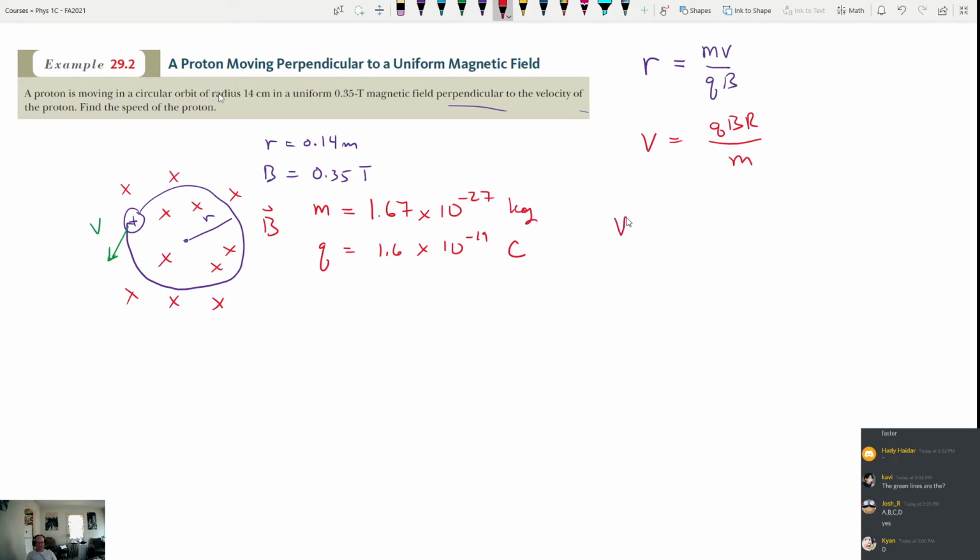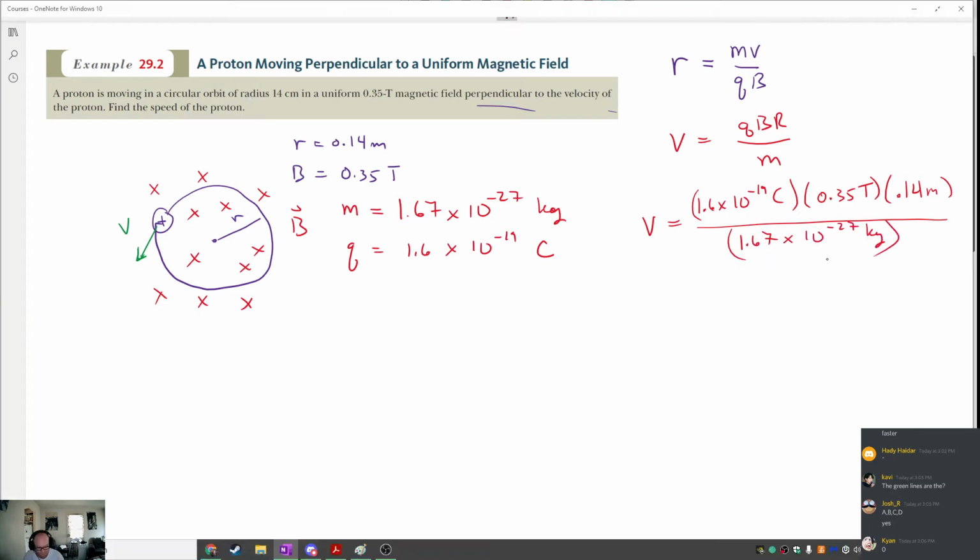So we're going to have velocity is equal to that charge times the magnetic field, which is 0.35 Tesla, multiplied by the radius of the path, which is 0.14 meters, and divided by mass. And throw this into a calculator.